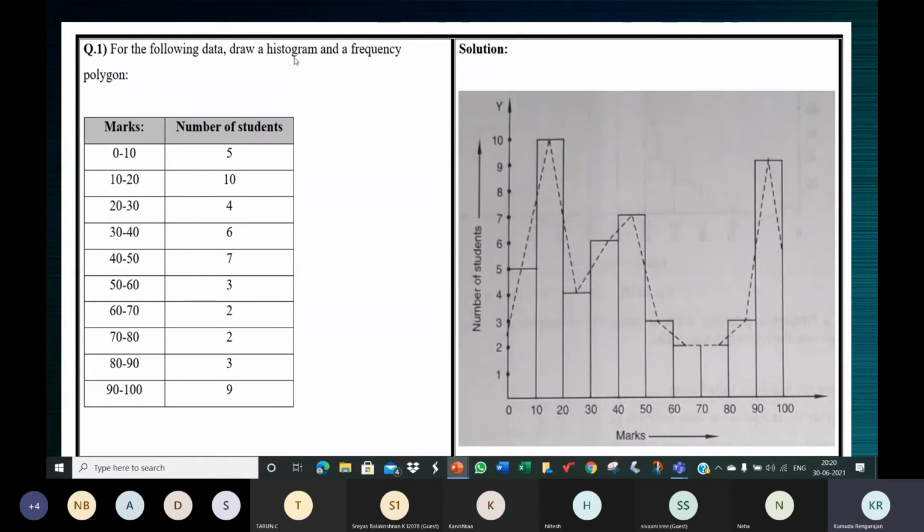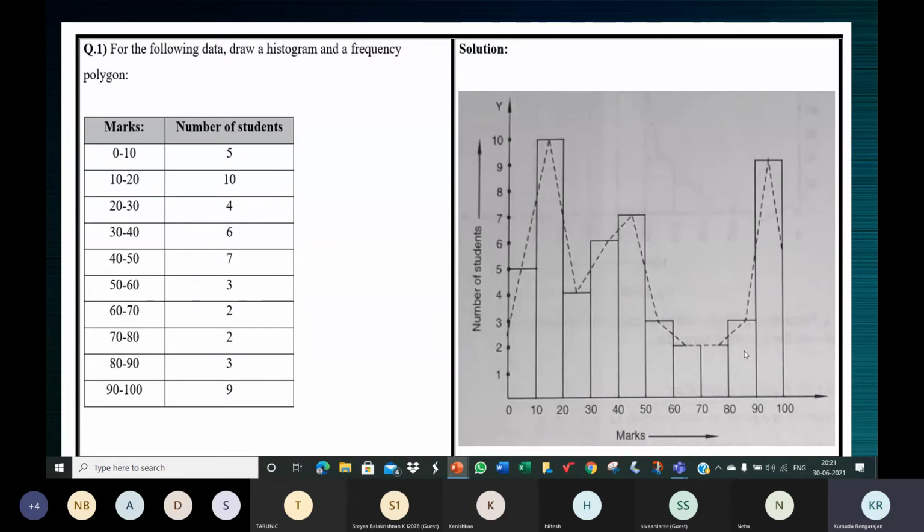Now, how do you prepare the histogram? For the following data, draw a histogram. For 0 to 10, the height of the rectangle is 5 units. For 10 to 20, the height of the rectangle or the bar is 10 units.